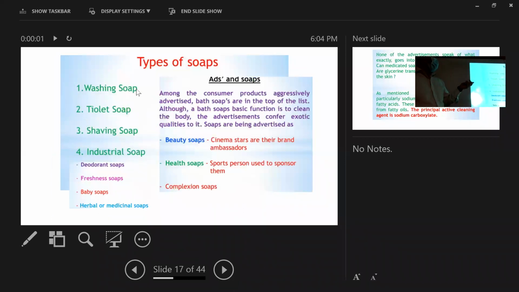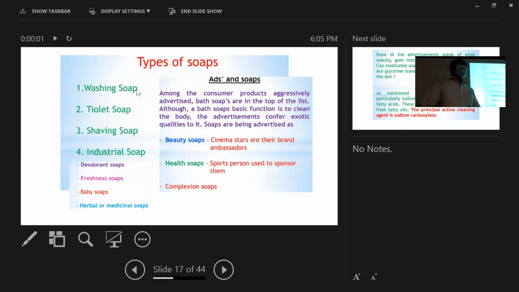Types of soaps: we have different types of soaps, washing, toilet, shaving, industrial, and even deodorant, freshness, baby soap, herbal or medicinal soaps. There are several types of soaps, but one very important thing, we have all the stars from cinema or athletes.